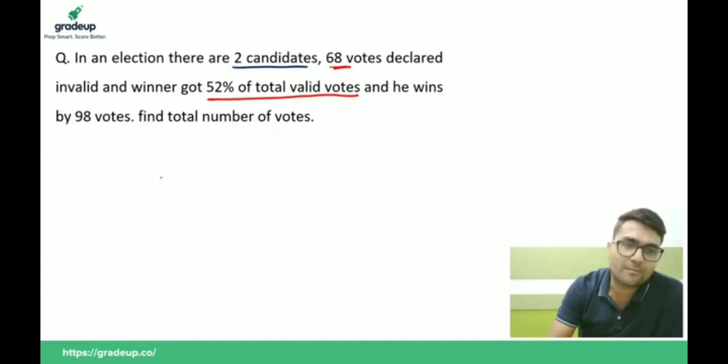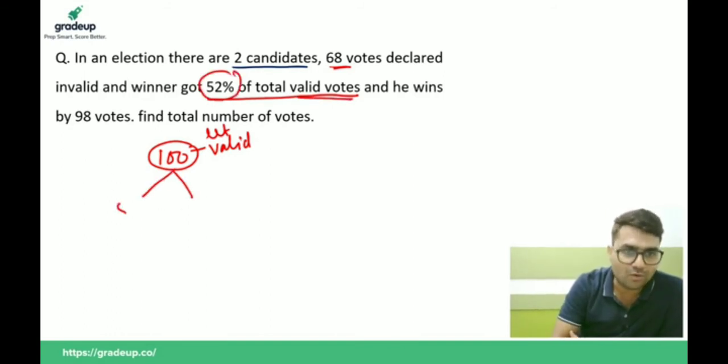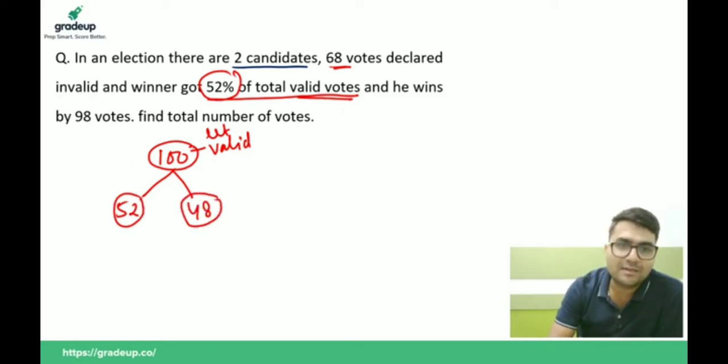Now listen carefully. Let the total valid votes be 100. According to the question, the winner gets 52% of valid votes, then the second candidate gets 48% of valid votes, because I am assuming this 100 as valid, not total.